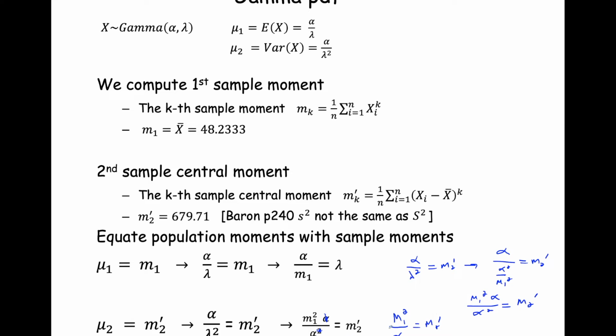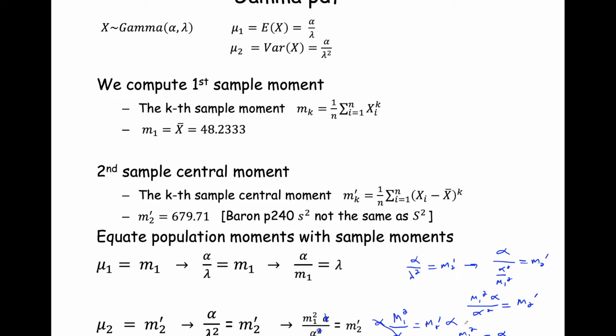We multiply both sides of equality by alpha. So we say times alpha. These cancel, goes to 1. And then we divide both sides by m2 prime. So that gives us m1 squared over m2 prime is equal to alpha. So that's our expression for alpha.